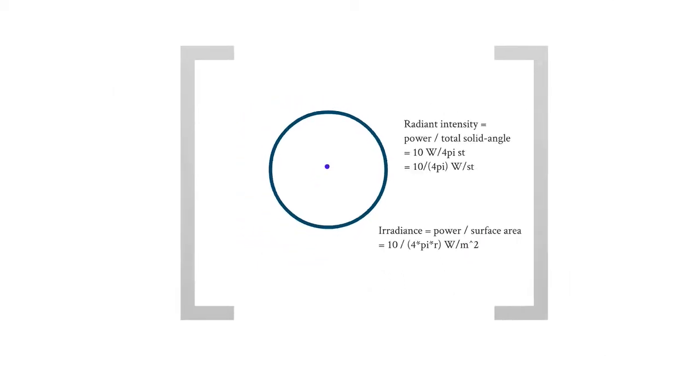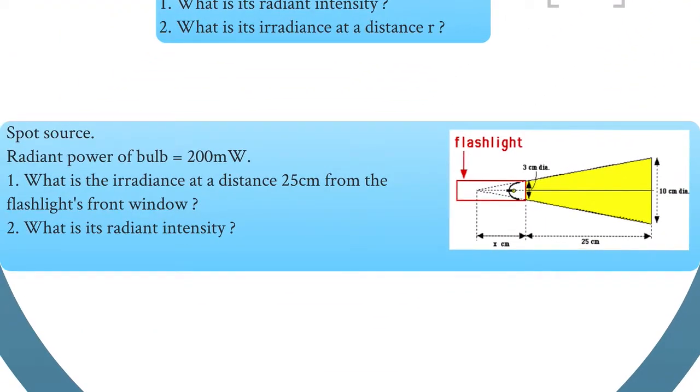Okay, moving on. Let's look at the next problem, which is a little more complicated. So in this case, it's a flashlight, just like this one, right? So instead of a lens, it is using a parabolic reflector. Okay. So here we have a source here.